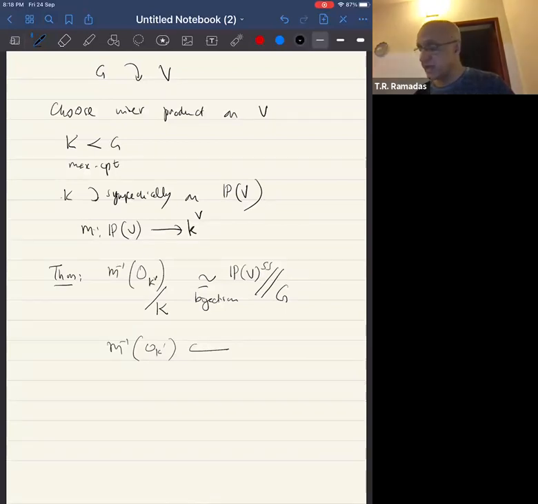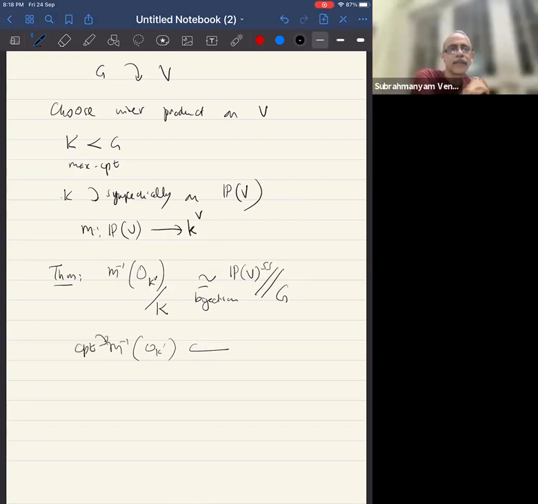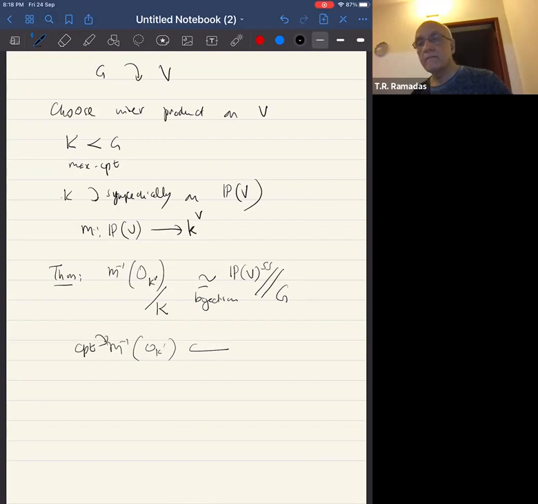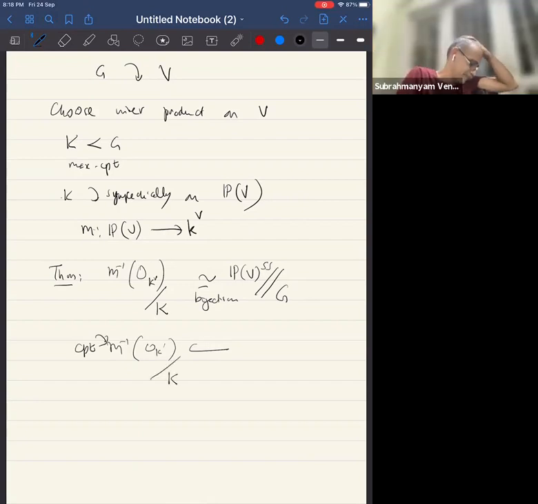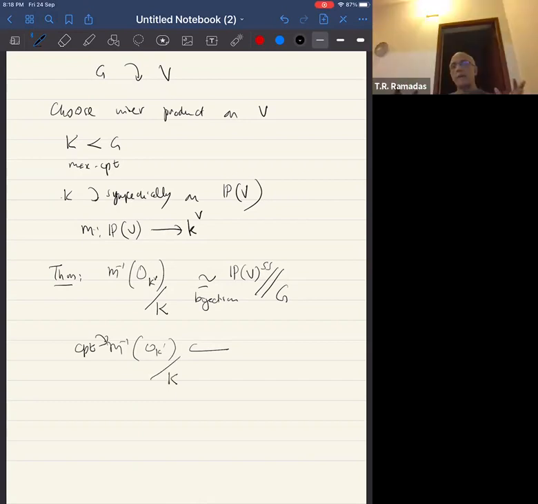So M inverse of 0 is compact, and K is also compact. So you have a compact Lie group acting on a compact topological space. In extremely good cases, this will be a free action on a manifold.